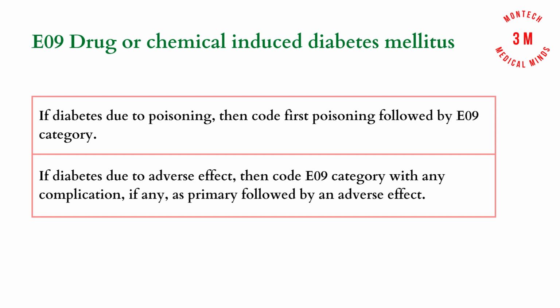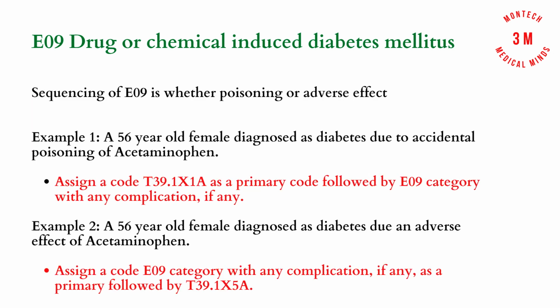If diabetes is due to poisoning, then code first poisoning followed by E09 category. If diabetes is due to adverse effect, then code E09 category with any complication, if any, as primary followed by an adverse effect.